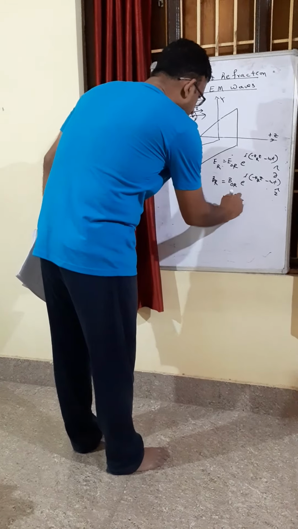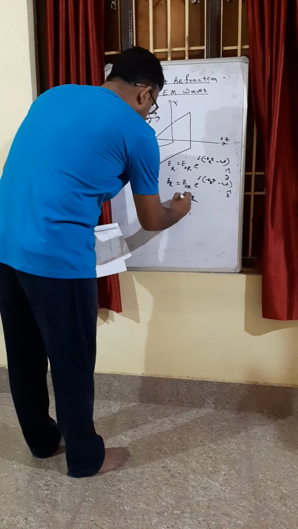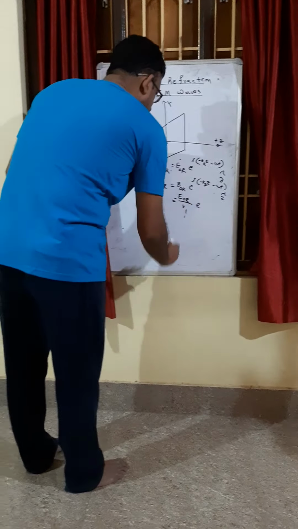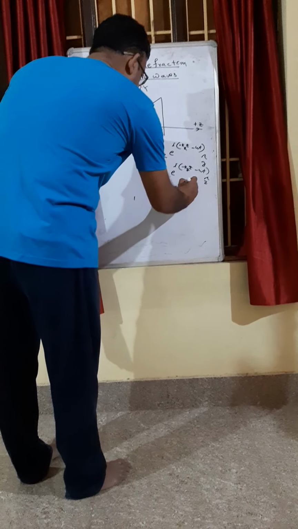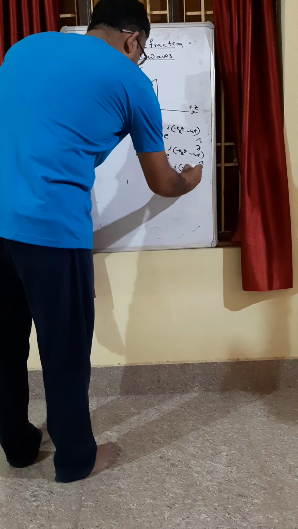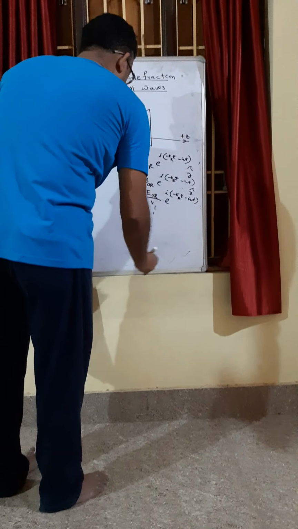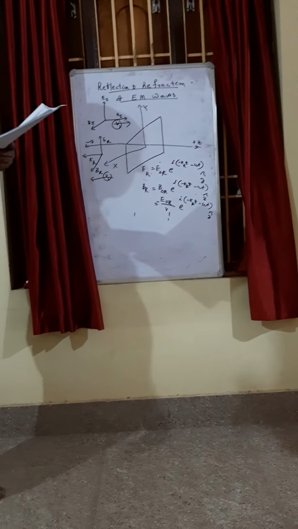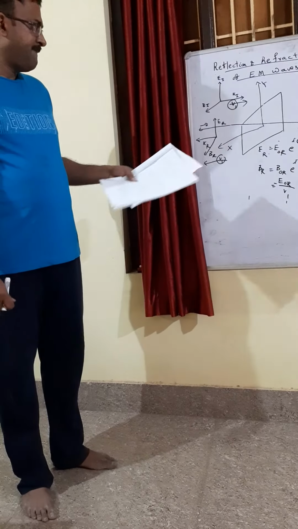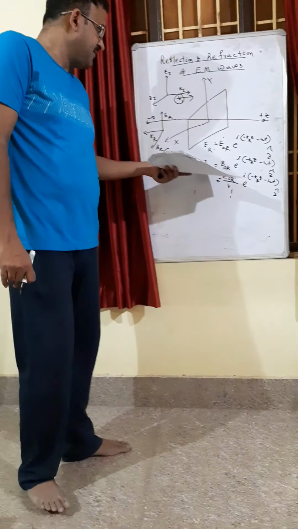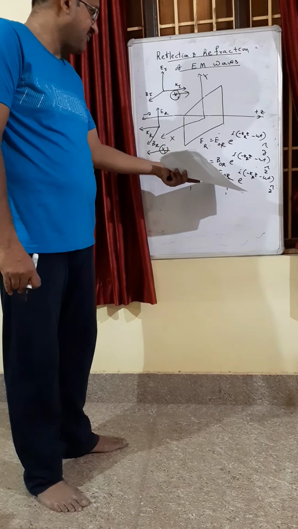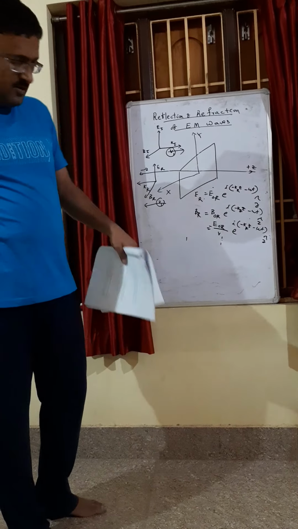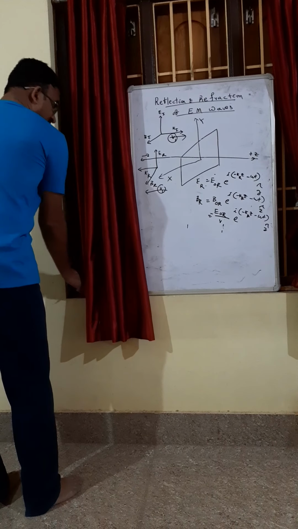So we have E0R, and you give a minus symbol here, then divided by V1, then e to the power i, and this part will remain unchanged. So this is how we get the expression for the magnetic field for the reflected wave. The negative sign shows that the direction of the velocity is reversed. Then we will go to the transmitted part.